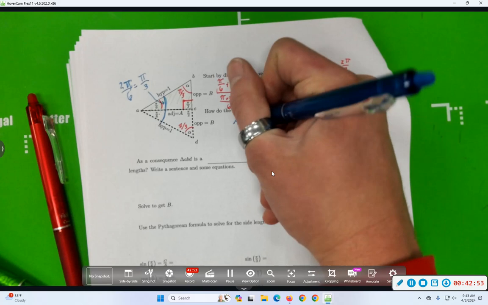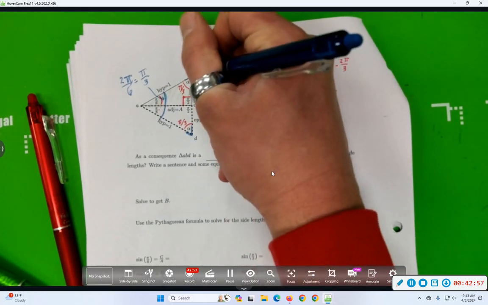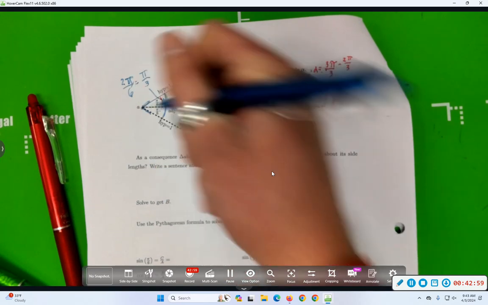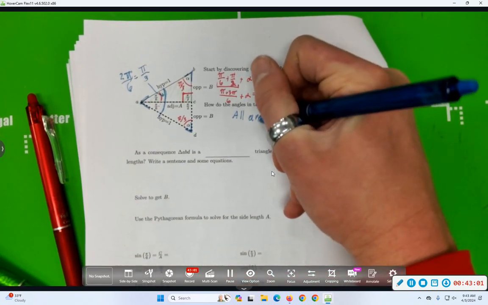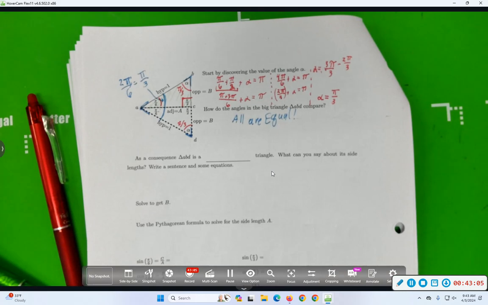Those three angles, yeah. Aha, so this is an equilateral triangle then. All of the angles are the same as each other, so all of the side lengths should be the same as each other. This is a very symmetric triangle.